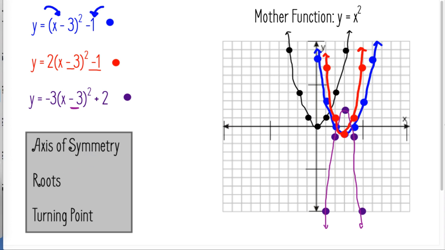The axis of symmetry, right? The axis of symmetry is the line right down the middle of our parabolas. And if you remember, it's always the x value of the vertex.